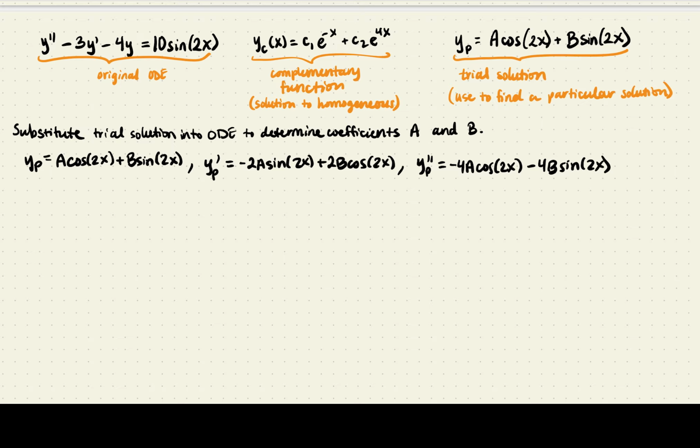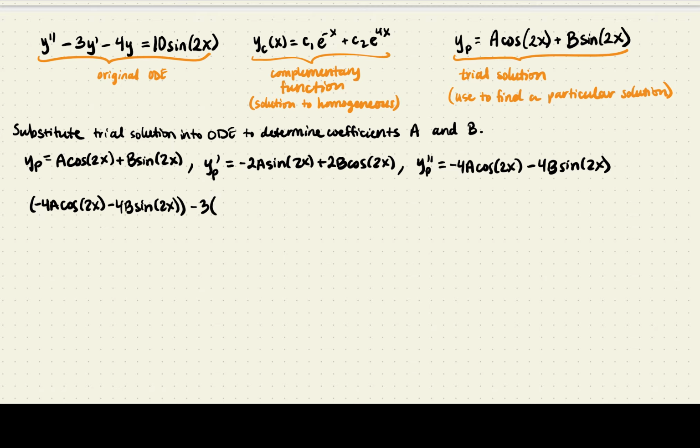So I'm going to go ahead and substitute these expressions into this ODE. So I'll have negative 4A cosine 2x minus 4B sine 2x. That's my y double prime.